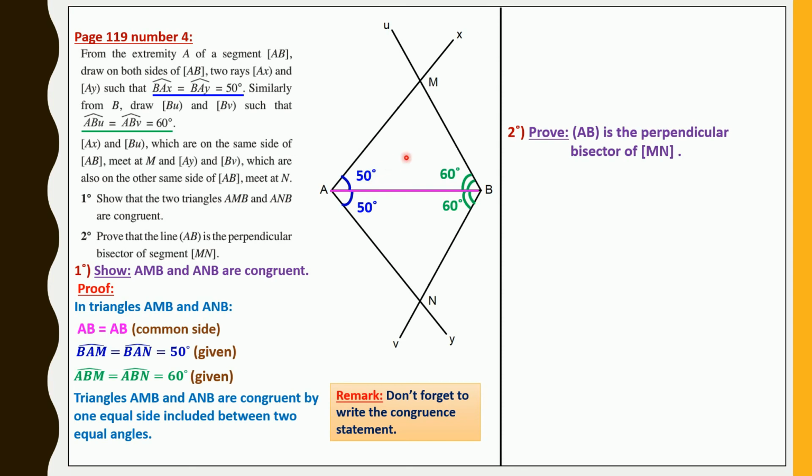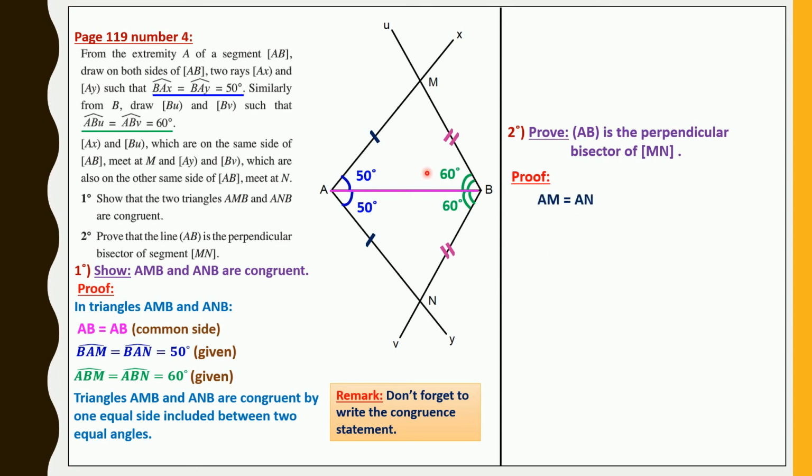Same for the two angles of 50 degrees, whose opposite sides are BM and BN. So proof, first: AM equals AN and BM equals BN, corresponding elements of these two congruent triangles that we just proved. Once we prove something, we can use it in the next question.